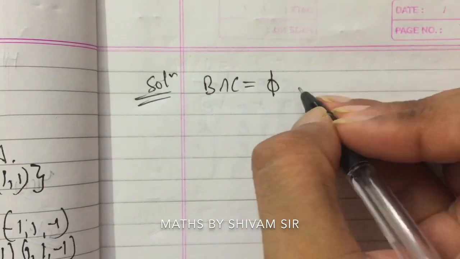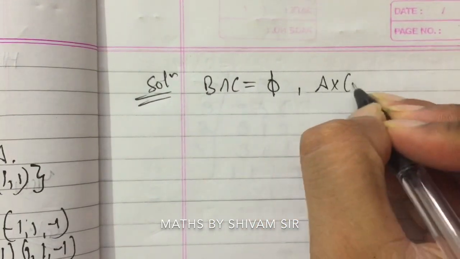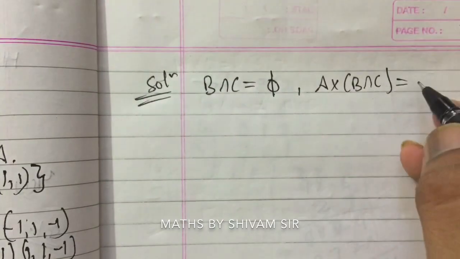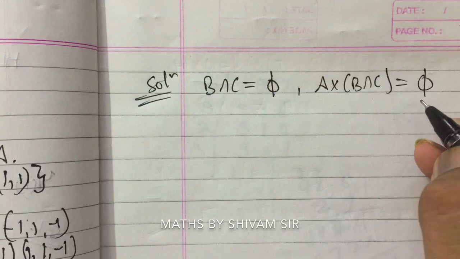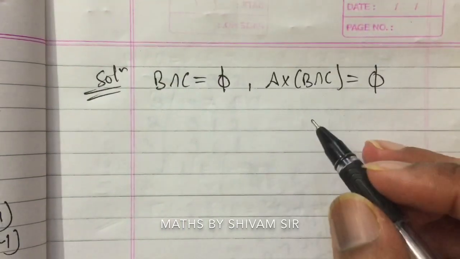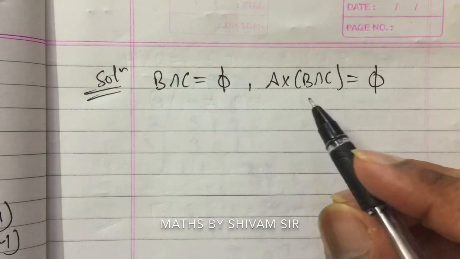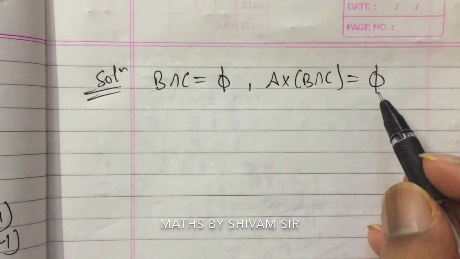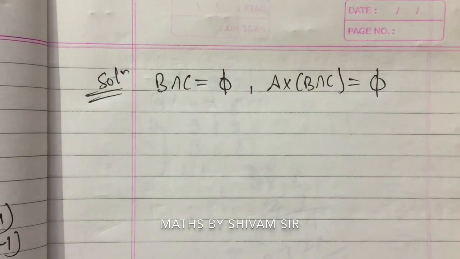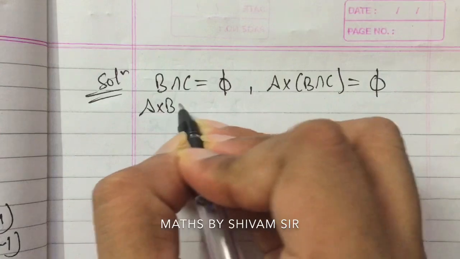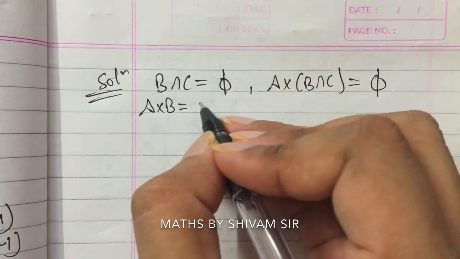So A cross B intersection C means A cross empty set, which will also be empty. We have studied this result before also. So any non-empty set, Cartesian product with an empty set will always be an empty set. Remember this. So next, RHS we have A cross B intersection A cross C. How many elements will A cross B have?